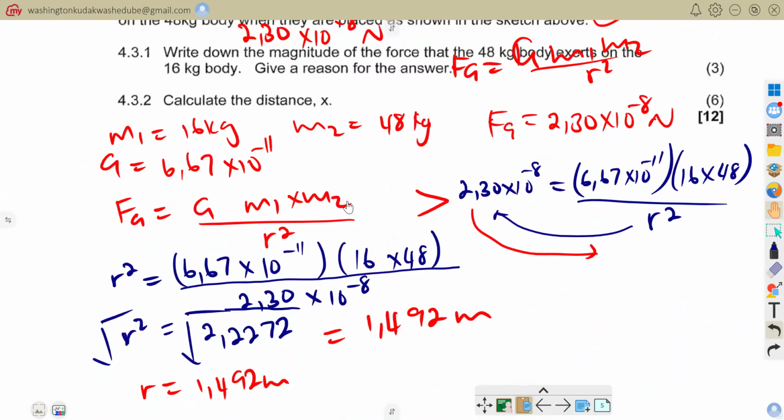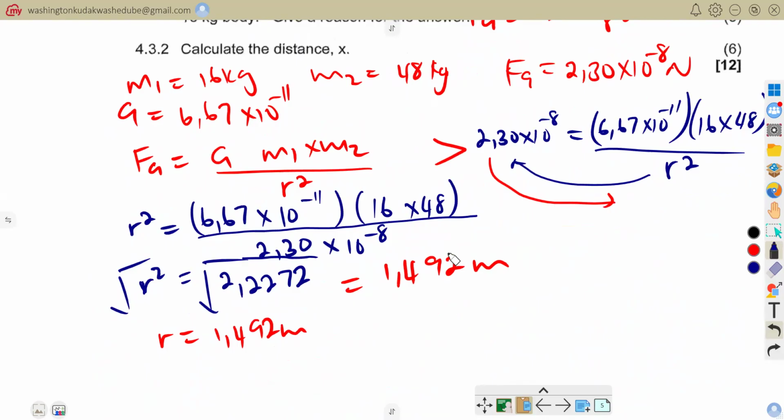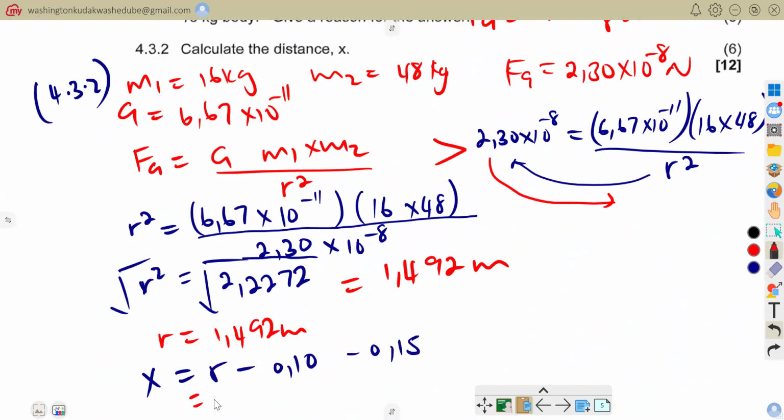This is question number 4.32. X is equal to R minus 0.10 minus 0.15, and our R is 1.492. So 1.492 minus 0.10 minus 0.15 gives us 1.242 meters.